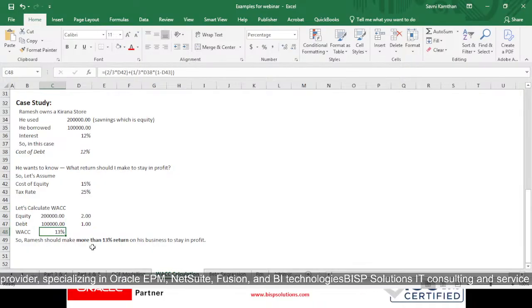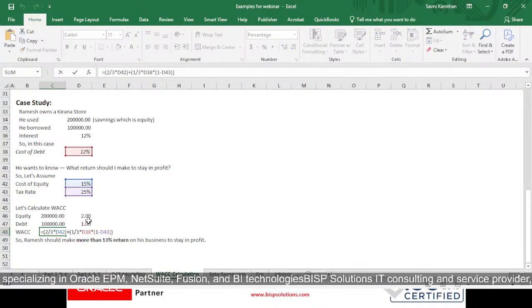And if I calculate my WACC, what I have done over here is I have taken my equity divided by 3. Why 3? I have already discussed in my formula that we will be adding our equity and debt.